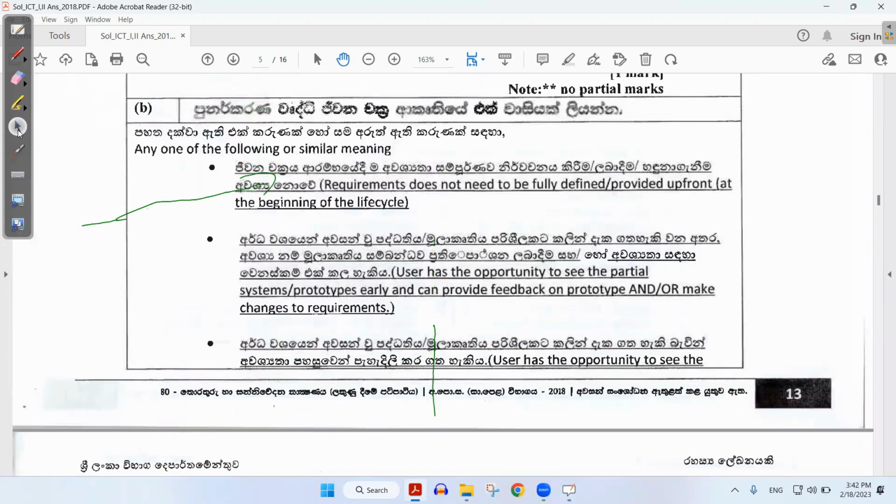Yeah, so these three things are taken as the advantages of the iterative incremental model. So any one of these, right? If you got any alternative answers, just send me. I'll tell you whether this works or not. Yeah, just see whether you got the answer correctly.